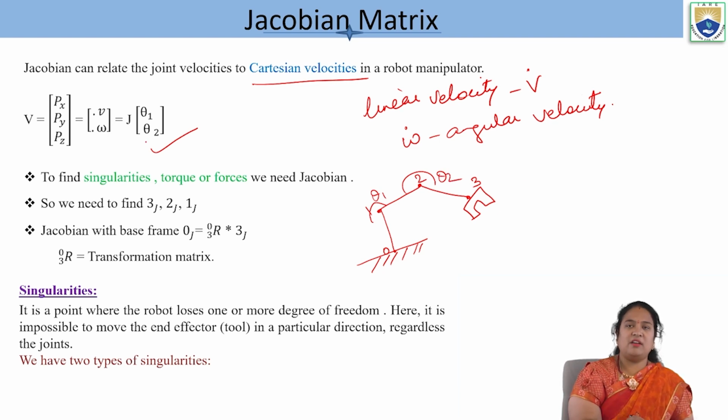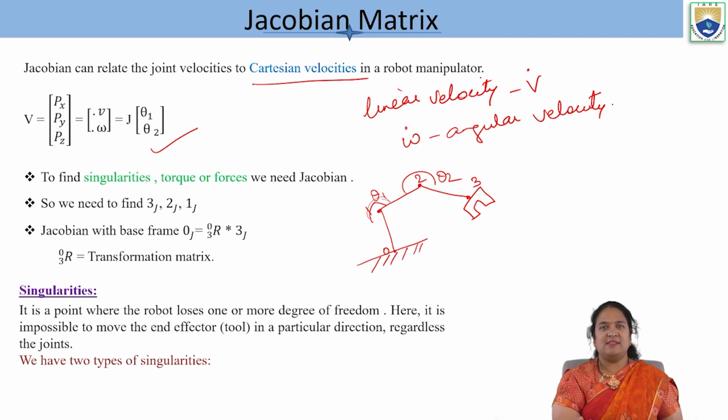So we are taking this in terms of the Jacobian matrix, that is v is equal to px, py, pz is equal to linear velocity and angular velocity, which is equal to the Jacobian of the angles of the joints theta 1, theta 2 and so on up to n number of constraints. So generally, as I've told you, the Jacobian is used to find out the singularities, torque and force.